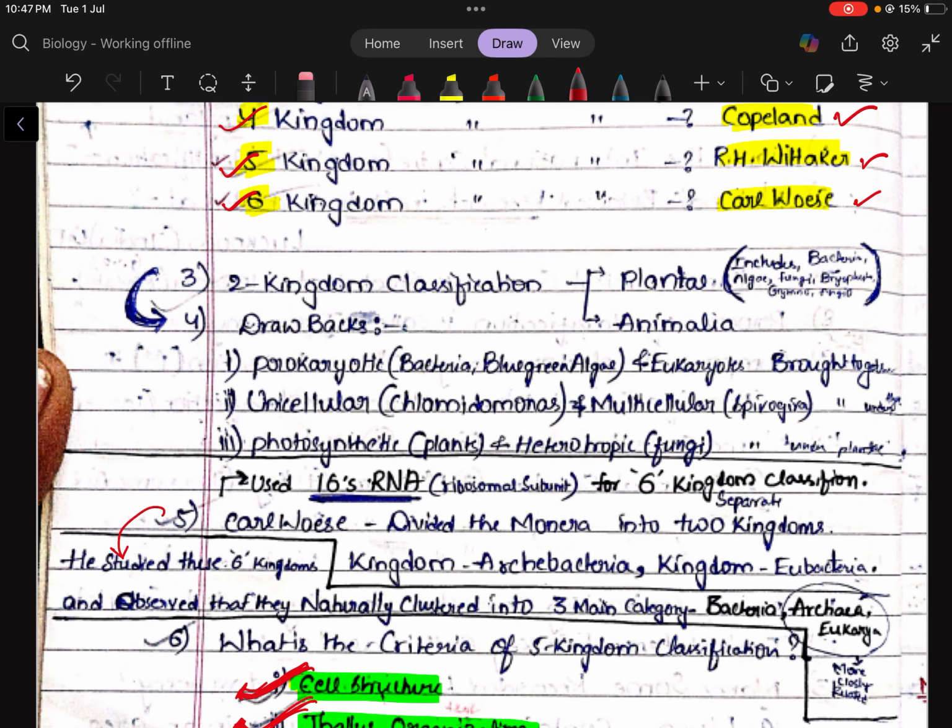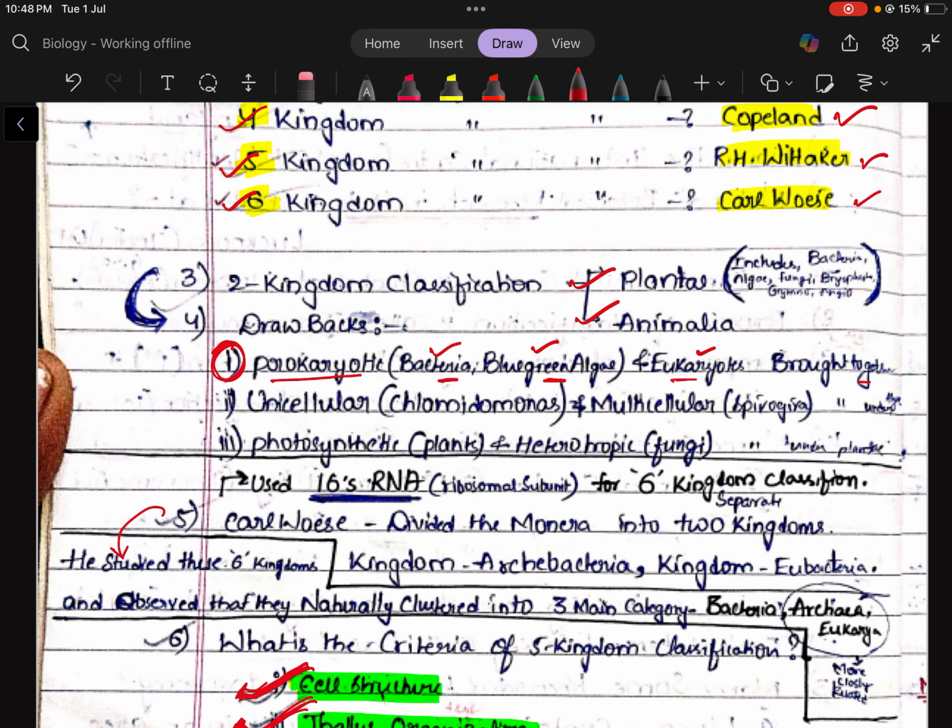Two kingdom classification includes, we all know, Plantae and Animalia. What are the drawbacks? They included prokaryotes, bacteria and blue-green algae, and eukaryotes brought together.